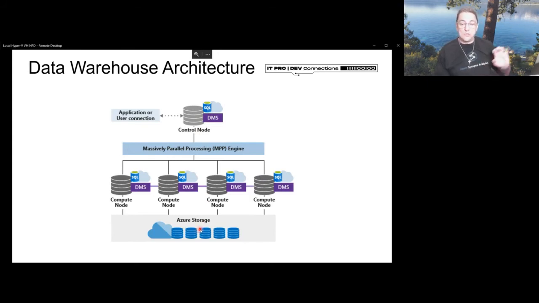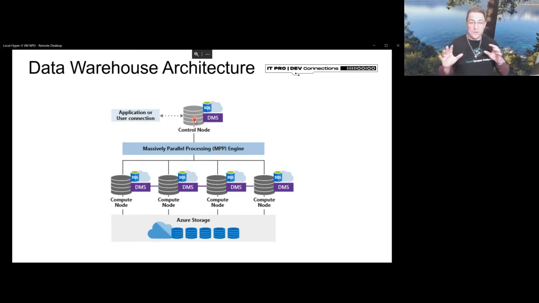They will collect the data from the storage and crunch the data, like if I do a select with a group by, with a where clause, or join tables, all this processing of getting the data together according to my query, they will process that query in parallel, all of them, crunch the data together, and report back to the control node.